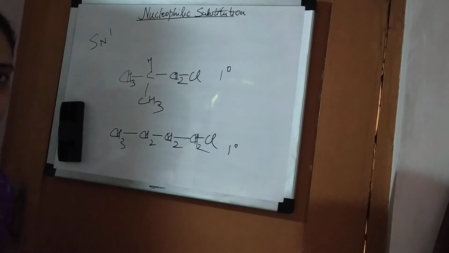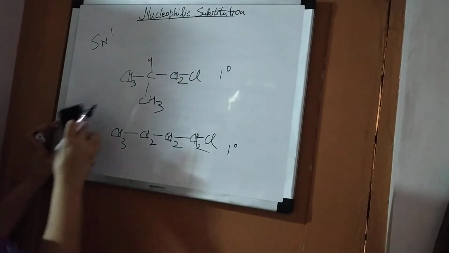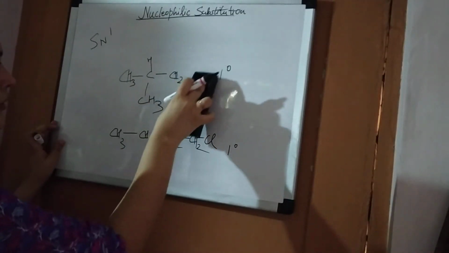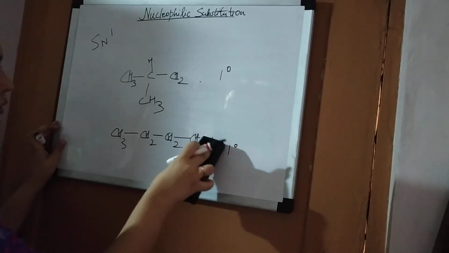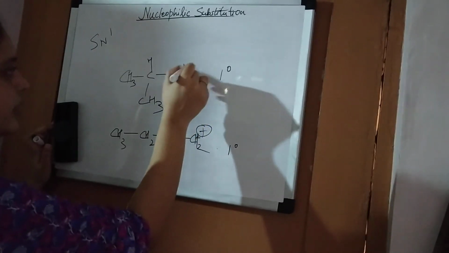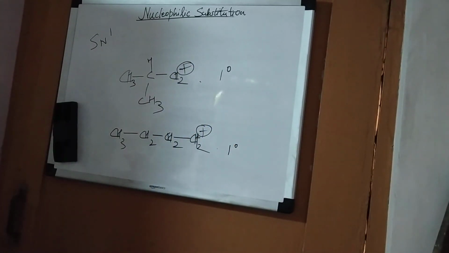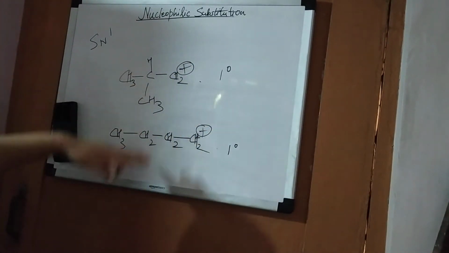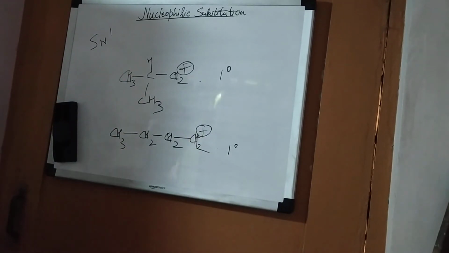In an SN1 reaction you have to see the stability of the carbocation. So here what will happen? Both will form a primary carbocation. So now you have to see the stability of both primary carbocations.